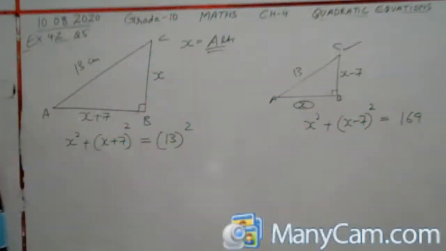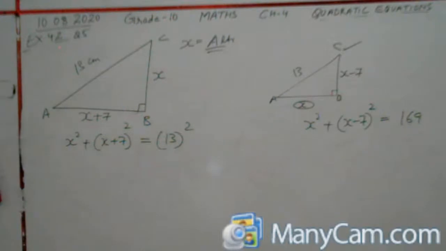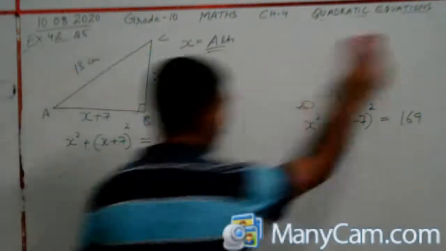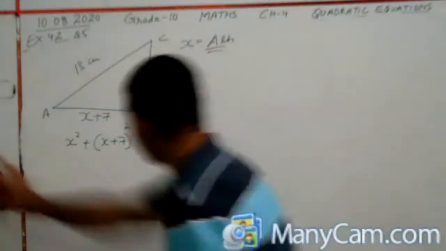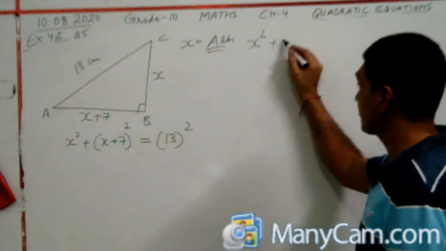So any way you can find the specific value for the altitude and the specific value for the base, right?